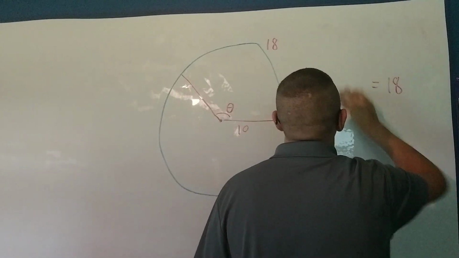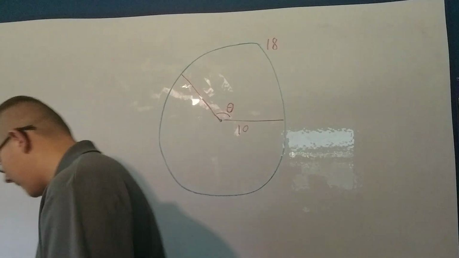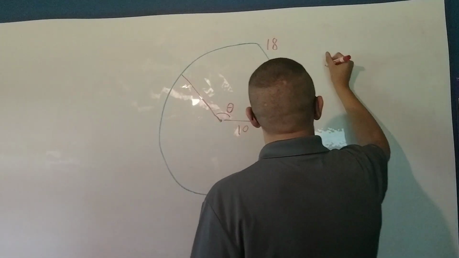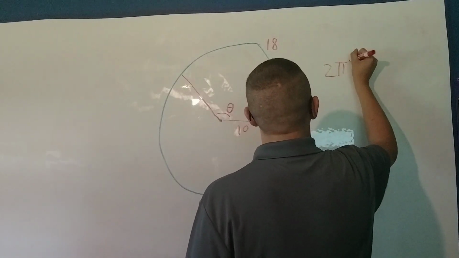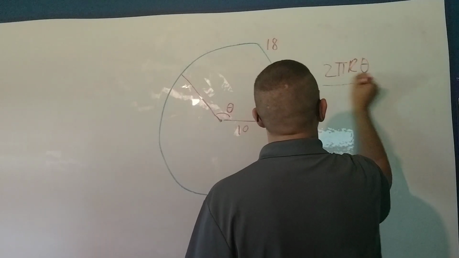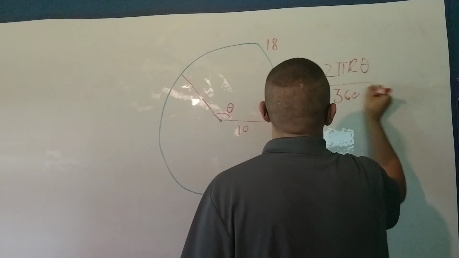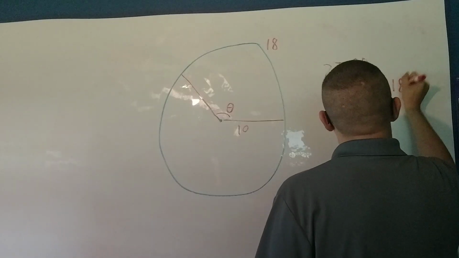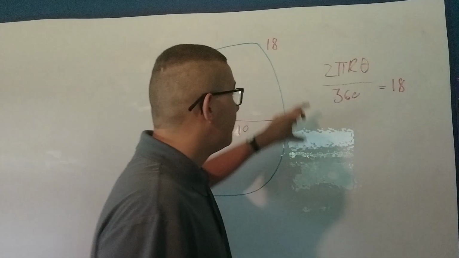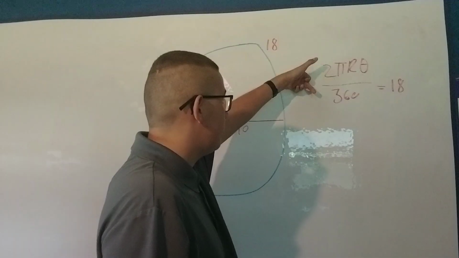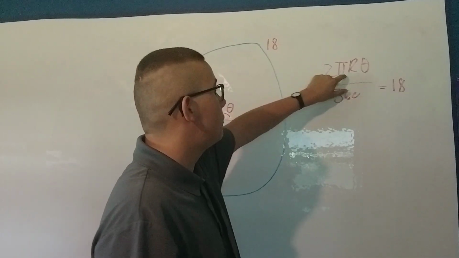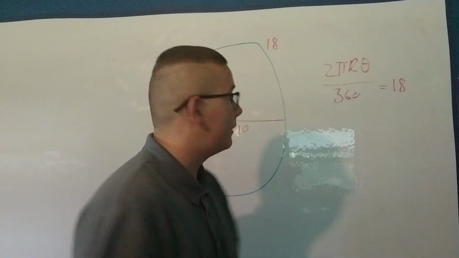So if we have this here at 2 pi r theta over 360 equals 18, we multiply by the reciprocal, right? We flip it, so that would be 360 over 2 pi r, but we leave theta behind.